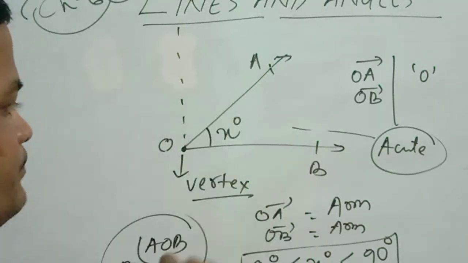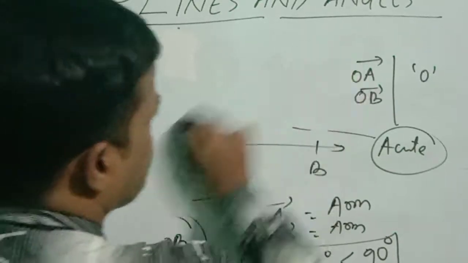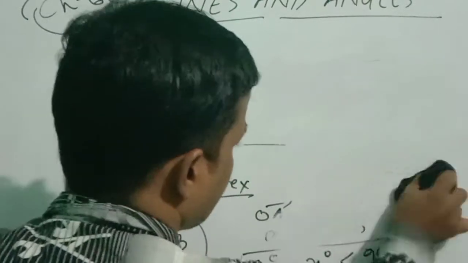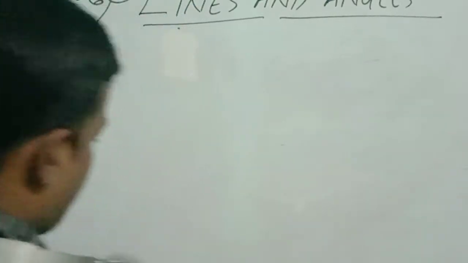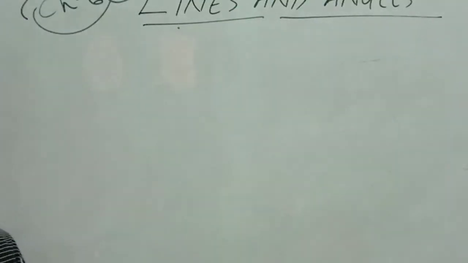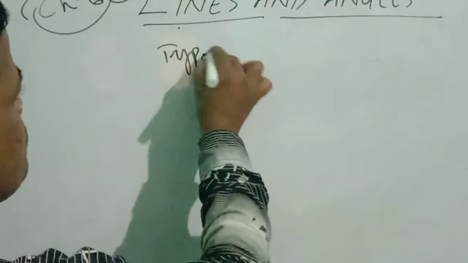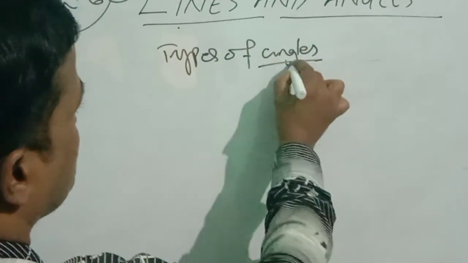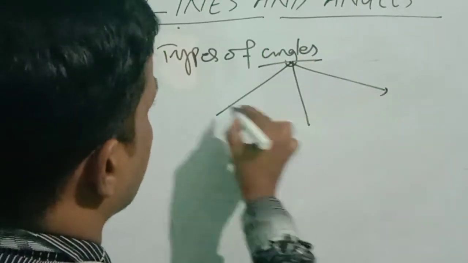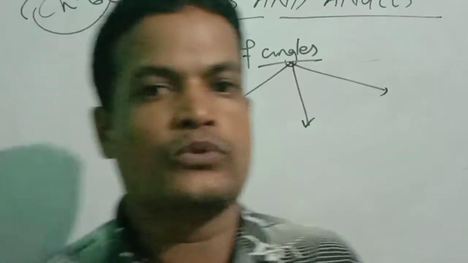Types of angles. On the basis of their measurement, angles are divided into three types.